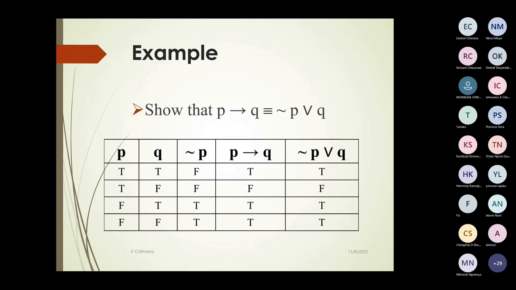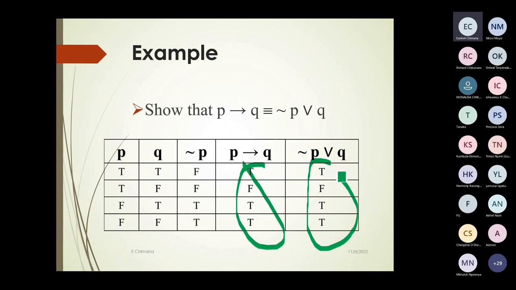So here, show that P implies Q is identical to the negation of P or Q. What we do is check this column and this column. If they are identical or equivalent, each and every row must have the same value. So we can actually say these two statements are what?